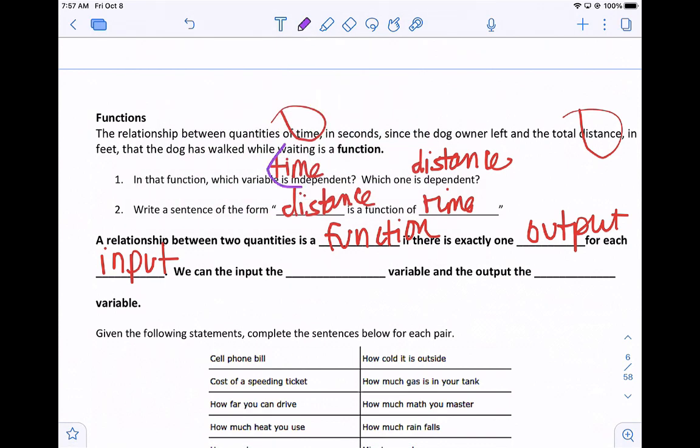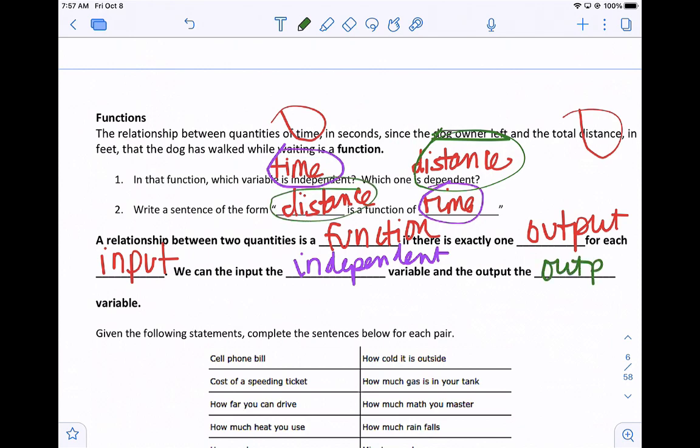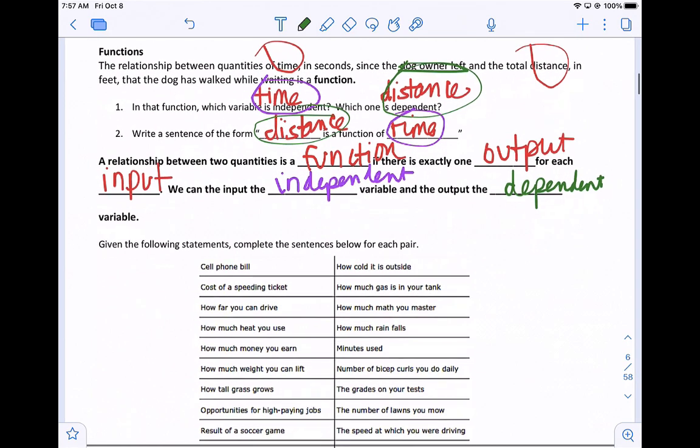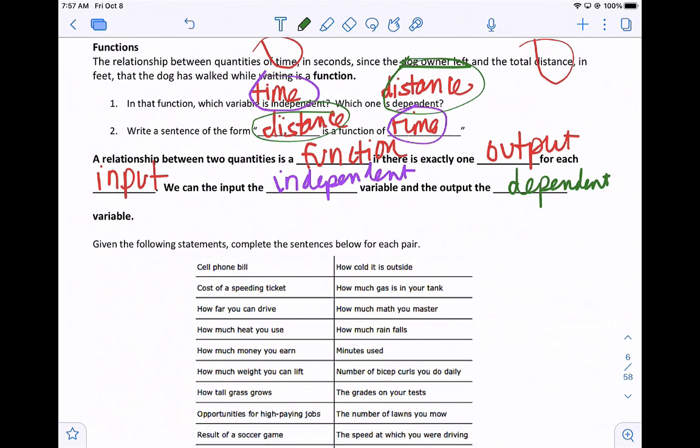Okay, so again, time is independent. And then the dependent variable is distance here. And that's called the output. And the output is called the dependent variable. Okay, so again, there's the two things here. The idea of a function.